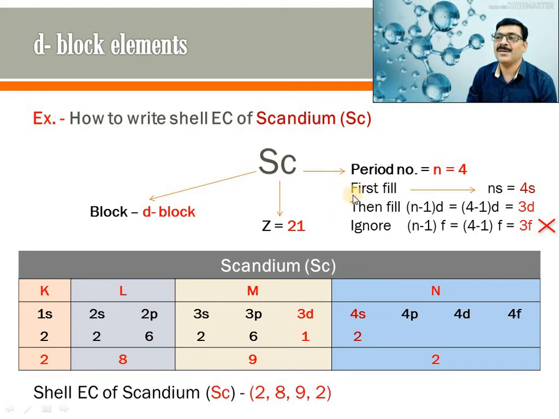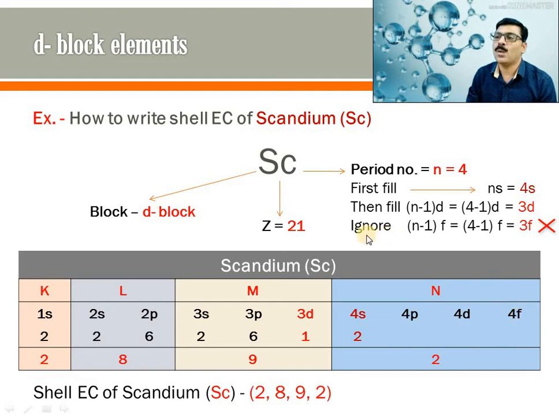First thing is, first fill ns, and the value of n is 4, so first fill up the 4s orbital and then fill up n minus 1 d, meaning 4 minus 1 d, that is the 3d orbital. Means firstly you fill the 4s, then 3d, and ignore n minus 1 f. n means 4, 4 minus 1 f means 3f, but 3f is not present because the f orbital starts from 4f.